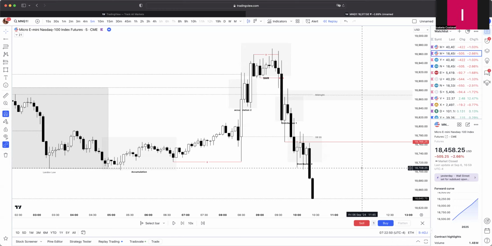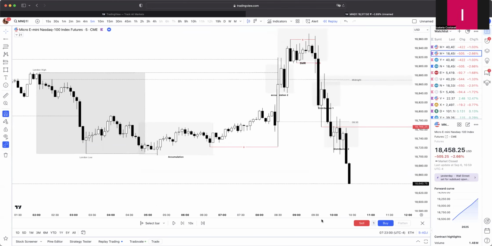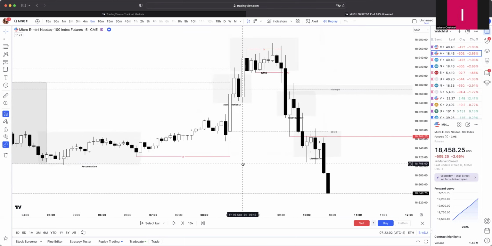So with ICT, I try to do the same thing. I don't mark things on my chart that don't need to be on my chart, but when I see it, which is the accumulation and the distribution on the market maker sell model in this case, I am completely aware that after the second accumulation, after the first, you can call this distribution, right?